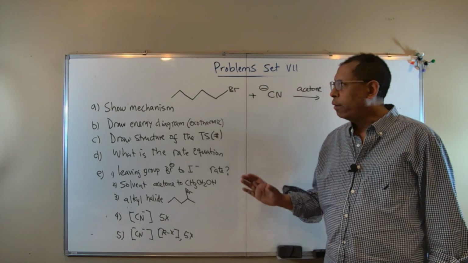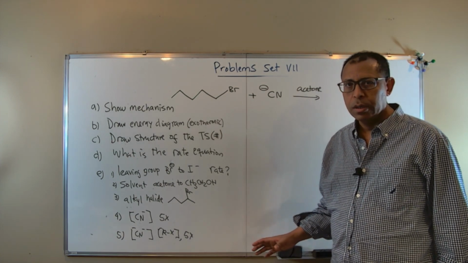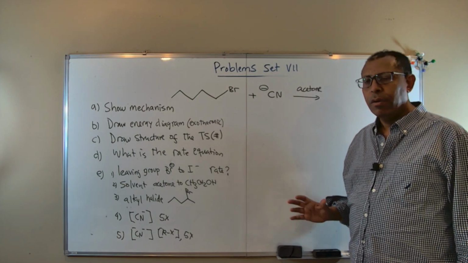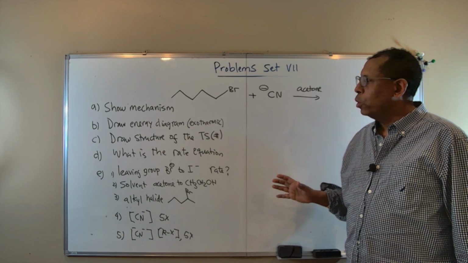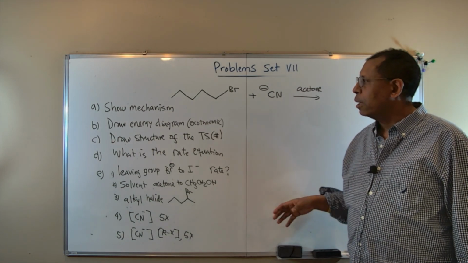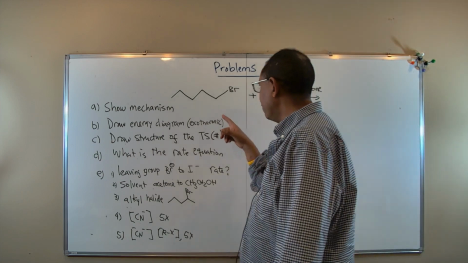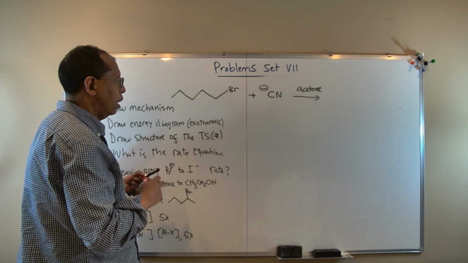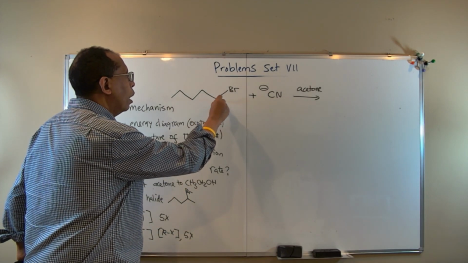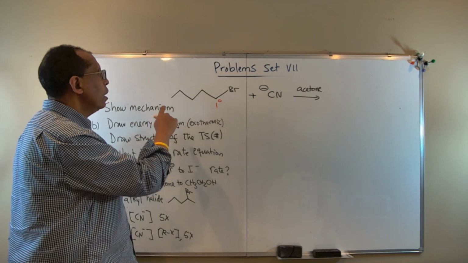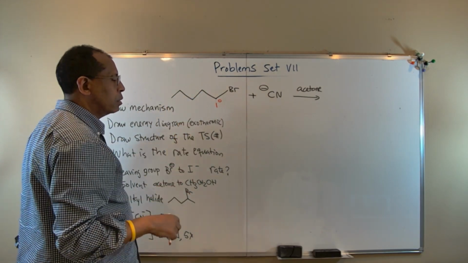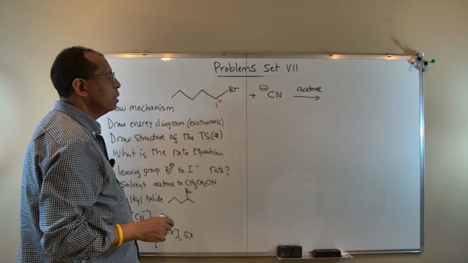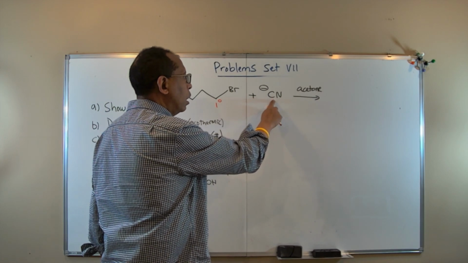Okay, here we have a very important question that almost summarizes the chapter on nucleophilic substitution. So we'll go through each one step by step. Here you have a primary alkyl halide, a bromo compound, a primary with 5 carbons, so it's 1-bromopentane, and you have a cyanide nucleophile.